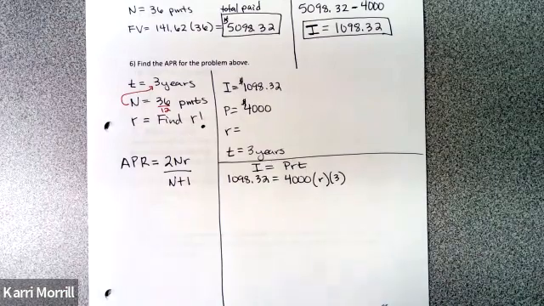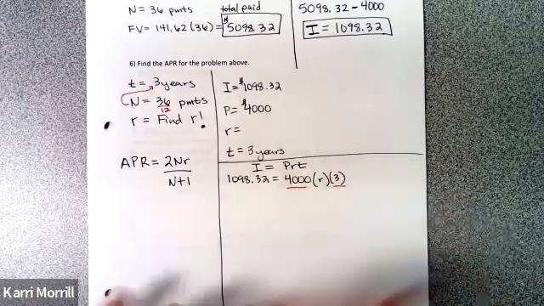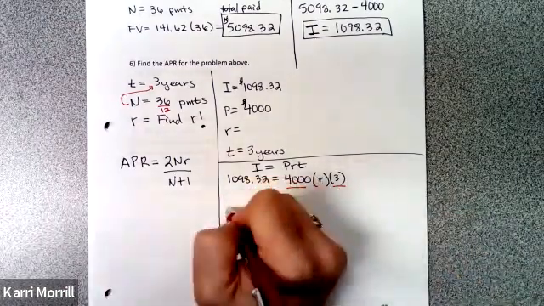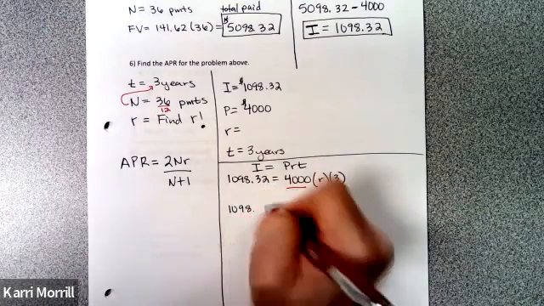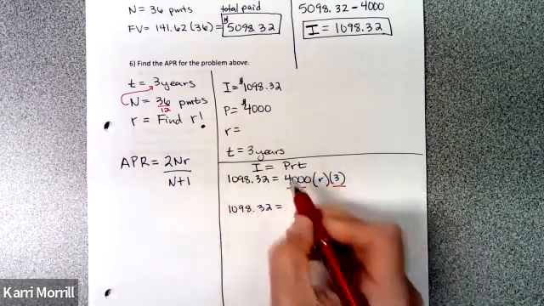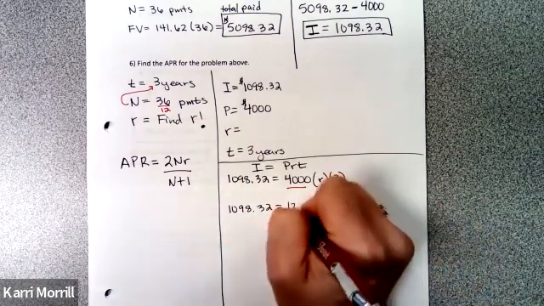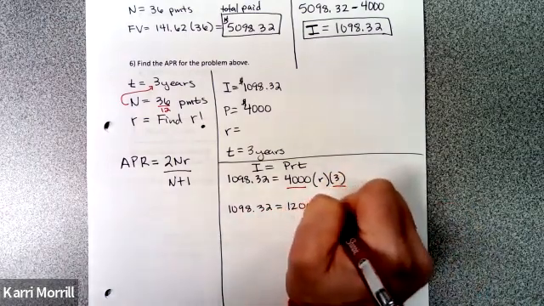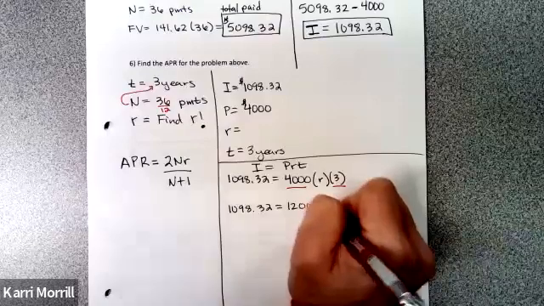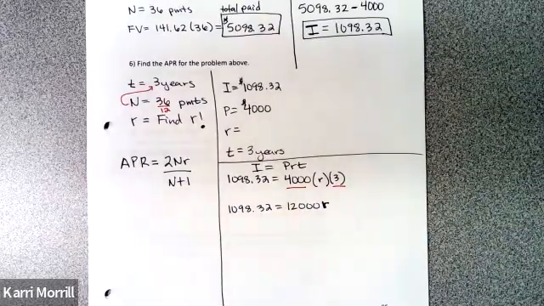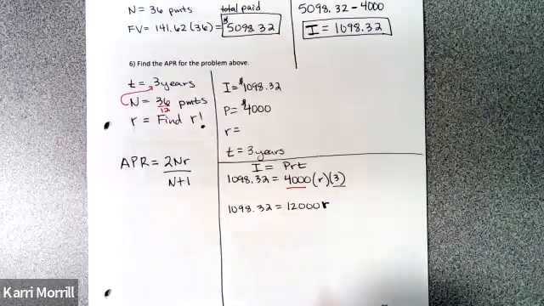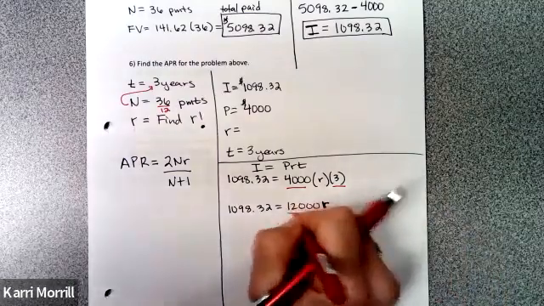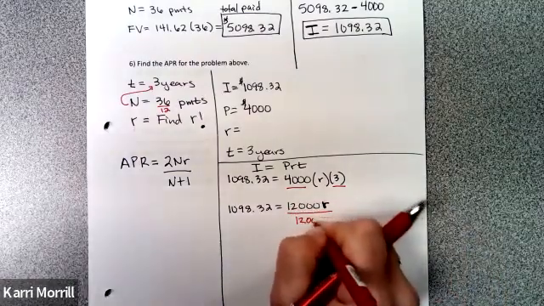We got 4,000 and 3 that needs to be multiplied. So 1098.32 equals 4,000 times 3 is 12,000, and then we could put the R on the end. Now what do we get to do to get R by itself? Divide. Divide by 12,000.